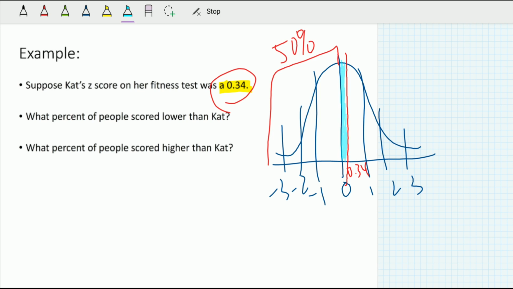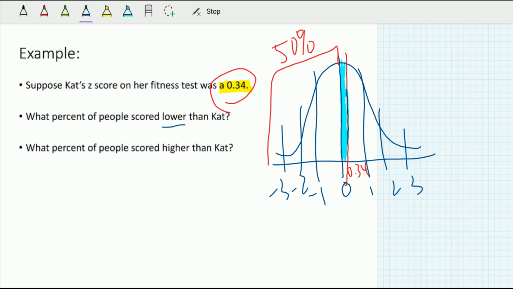But how do we figure this out? We actually are not going to have to figure it out. We're going to use the z-score table. So just really understand, okay? What percent of people scored lower than Cat?